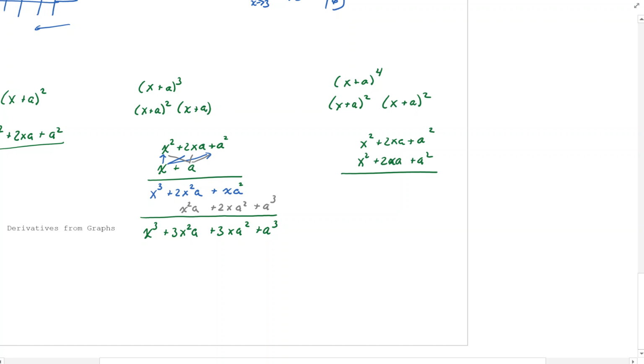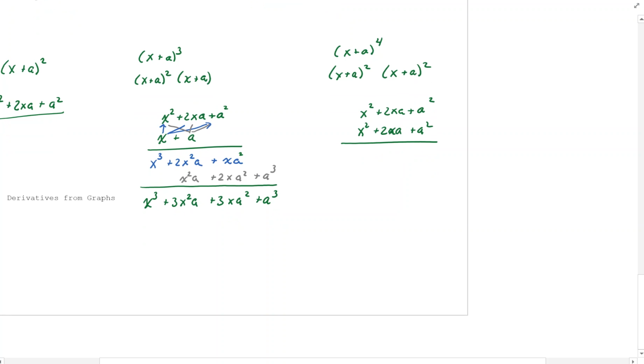So I'm taking the squared binomial, which I know what it is, and this time I'm not going to forget the squared on my a. And I'm going to use the same vertical method. If you're really good at the horizontal, just putting them next to each other and distributing, go ahead and do that. I generally lose terms when I do that.